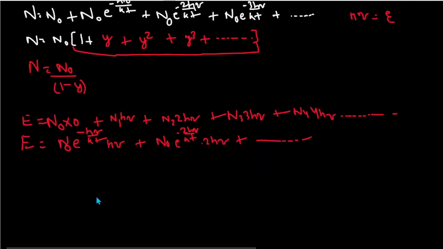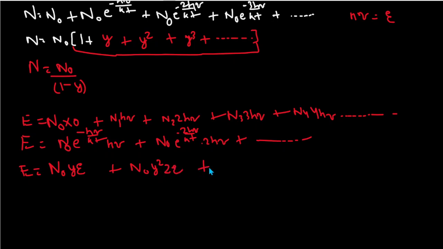Now if I take n naught common, and again substitute e to the power negative h mu upon kt as y, it is n naught y epsilon plus n naught y square 2 epsilon plus n naught y cube 3 epsilon, and so on.